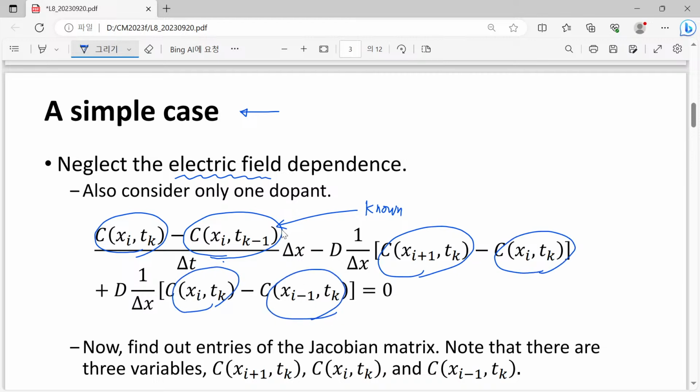So when we push it to the right hand side, we have a left hand side term and a right hand side term.